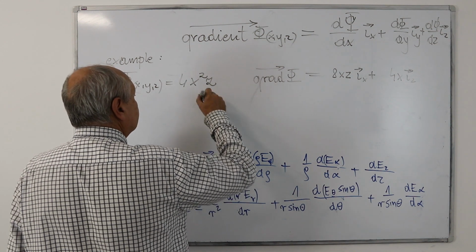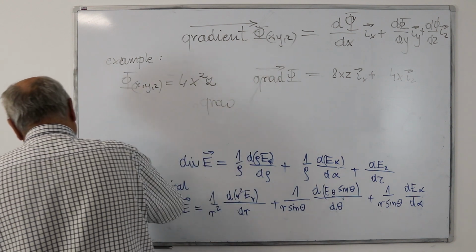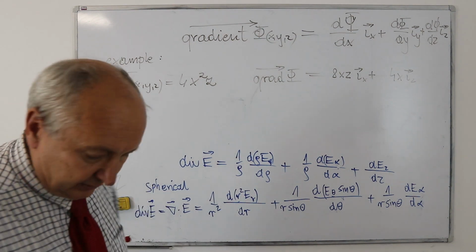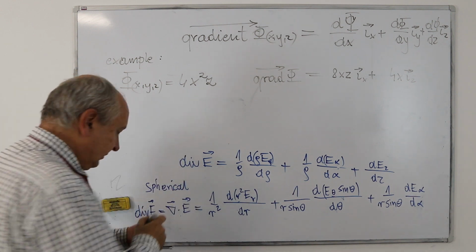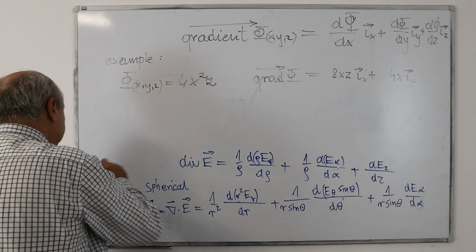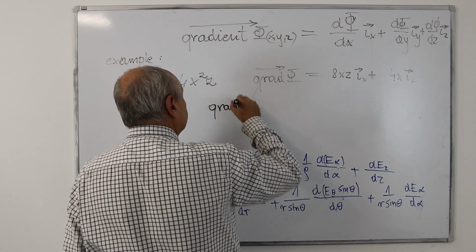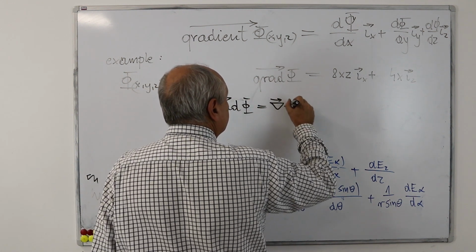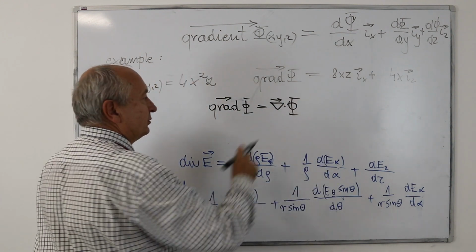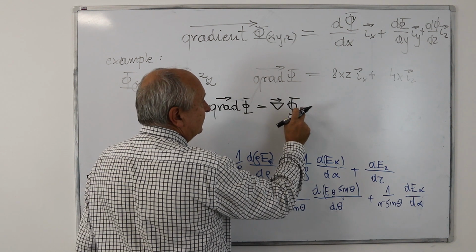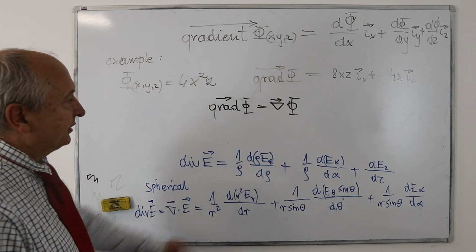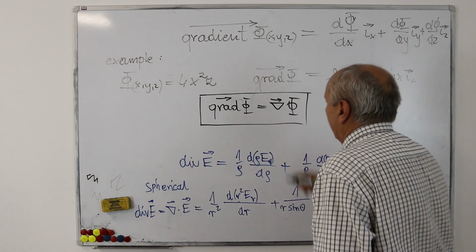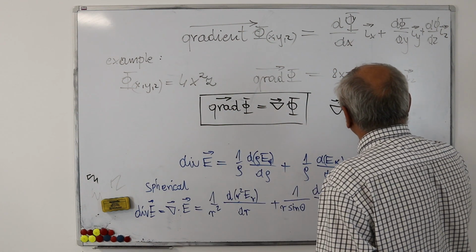And gradient can be written in this way, but we should remember that here is a scalar function and the nabla operator. I will write it one more time. This is a vector.